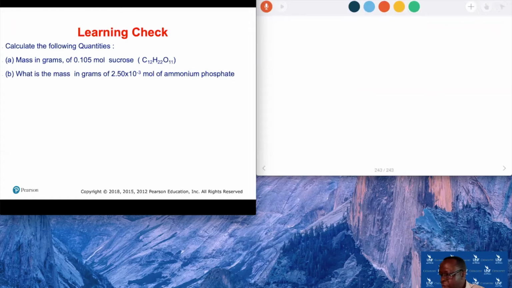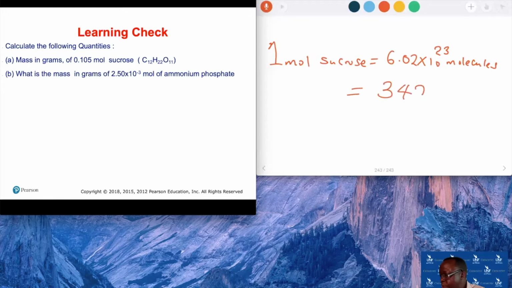Molar mass of sucrose. And it turns out that 1 mole of sucrose equals 6.02 times 10 raised to 23 molecules. I know it's molecules because it's non-metals. That equals 342.2 grams.